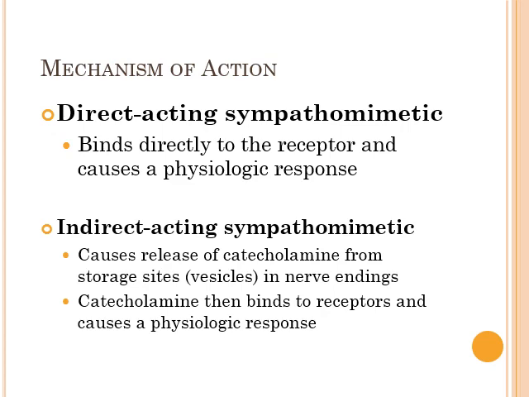This is important to understand. They have direct acting or indirect acting. So direct acting binds directly to the receptor and causes a physiologic response. The indirect causes the release of the catecholamine from a storage site in the nerve endings. Catecholamine then binds to the receptors and causes a physiologic response.